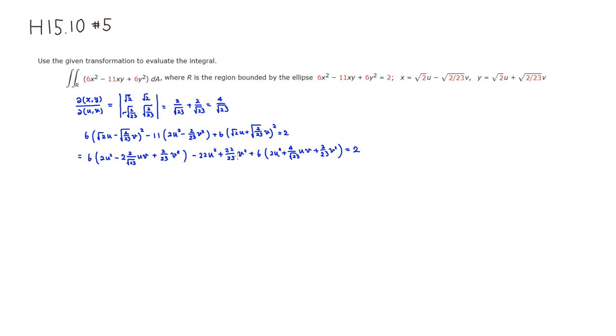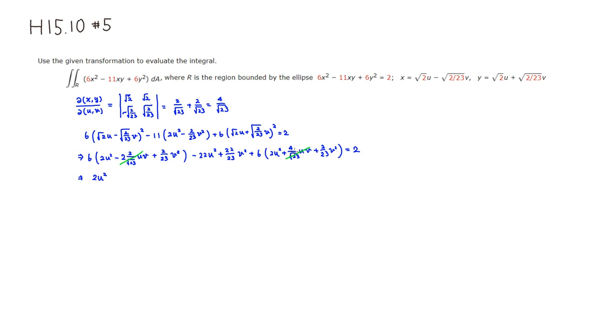Then we can cancel things. The uv terms cancel, same thing with the opposite sign. Then you have 12u squared here and another 12u squared, so it's 24u squared, minus 22u squared, so it's going to be 2u squared.